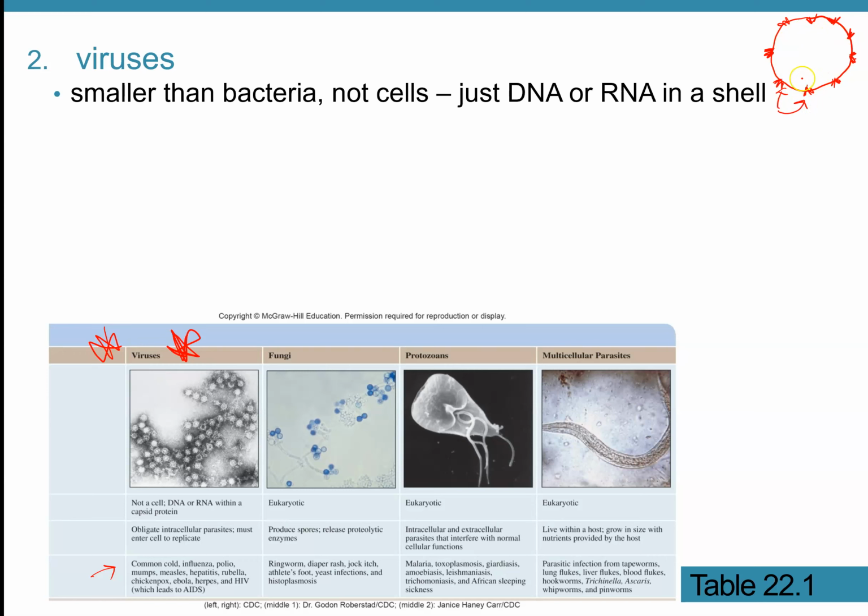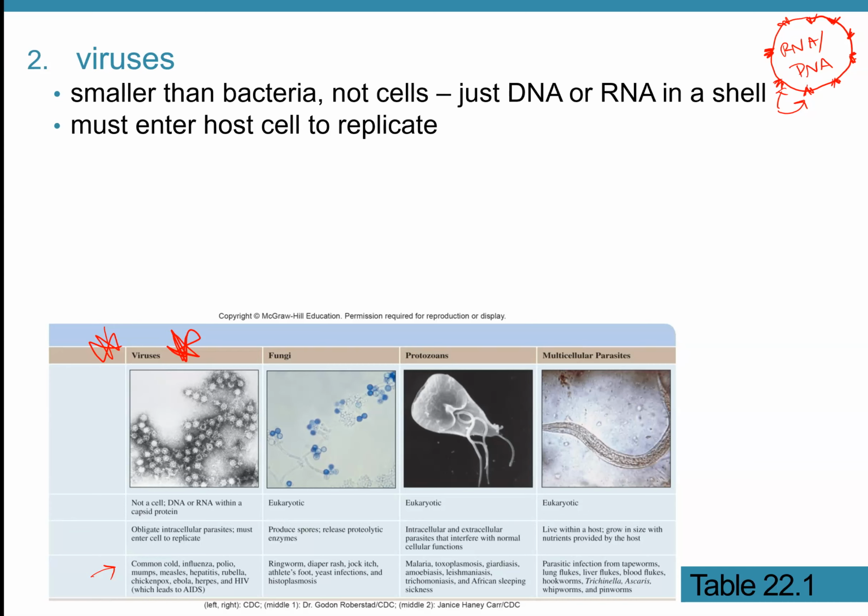But that's protein on the outside. And then on the inside, it's either going to be RNA or DNA. And I can't remember which one the coronavirus is. I think it's a DNA virus, but I'm not positive. Anyway, it's just a nucleic acid with some proteins wrapped around it. But as we know, that is enough to do a lot of damage, including killing the host in certain situations.